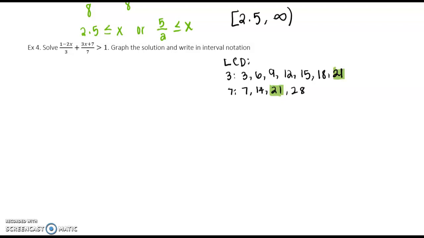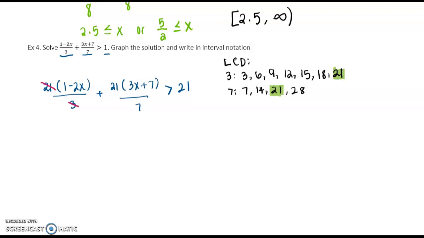So we're going to multiply this by 21, this by 21, and that by 21. So 21 times 1 minus 2x over 3 plus 21 times 3x plus 7 over 7, and then is greater than 21.